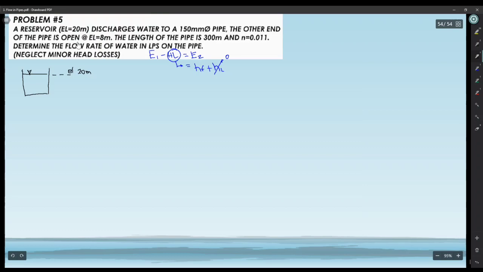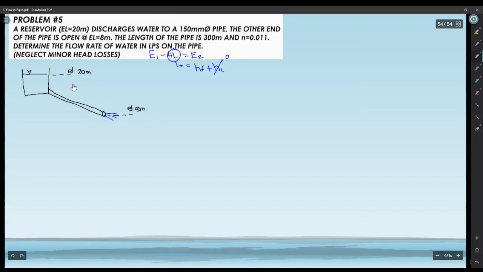The other end of the pipe is at elevation 8 meter. So dito pa lang nakikita na natin na yung pipe mo o yung discharge pipe is mas mababa compared dito sa water surface level. So dito meron kang jet. So ang elevation daw niyan, discharge na yan, is at elevation na 8 meter.